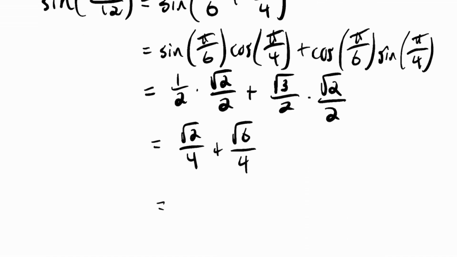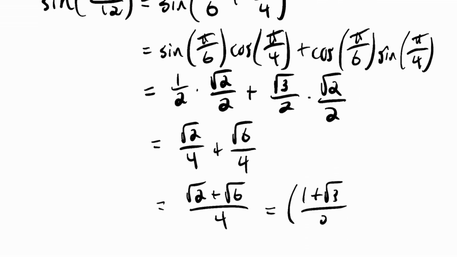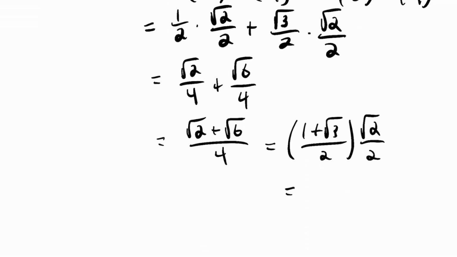So if I want, I can say I have root 2 plus root 6 over 4. Done another way, this is equivalent to, if instead of making root 2 and root 6, I factor instead, this is equivalent to having 1 plus root 3 over 2 times root 2 over 2, which if I want, this is the same as 1 plus root 3 times root 2 all over 4.